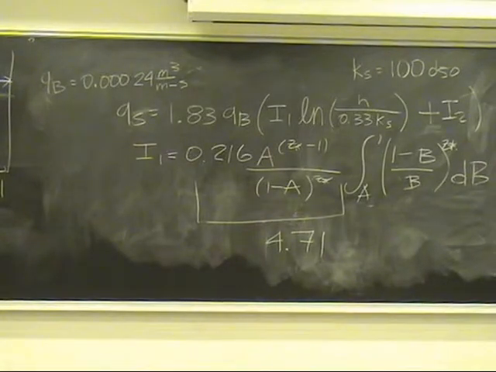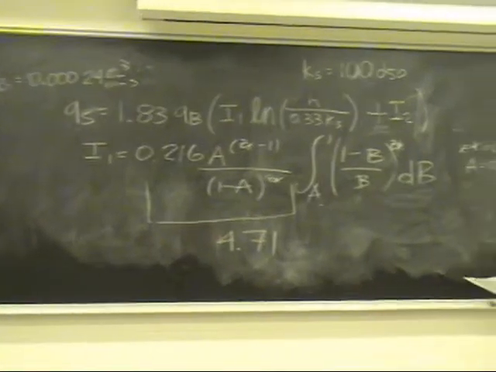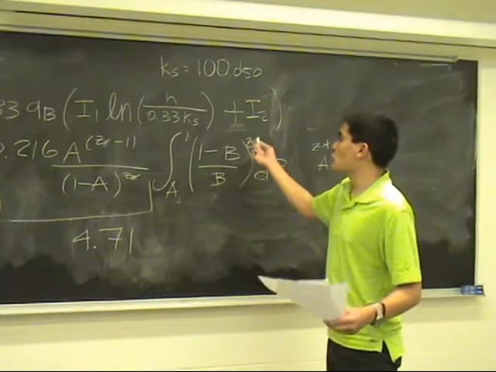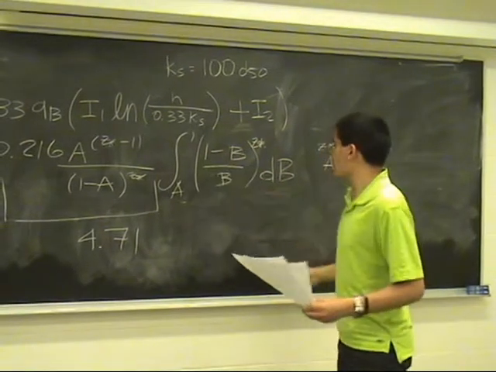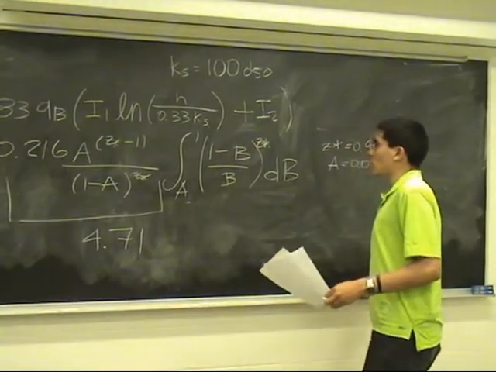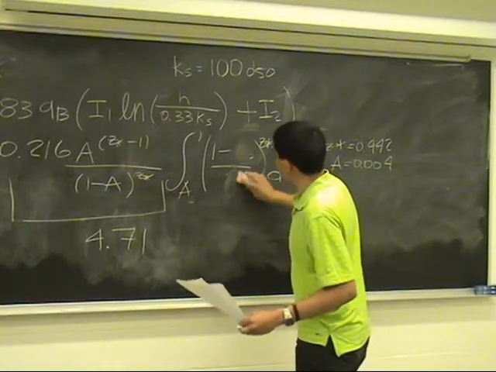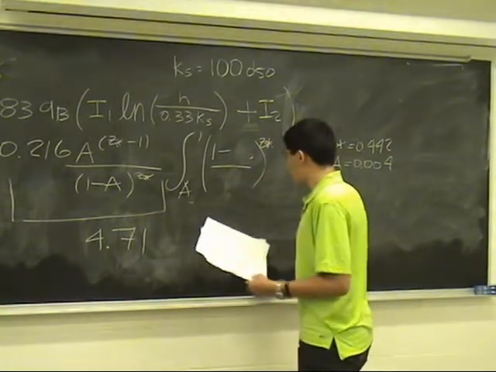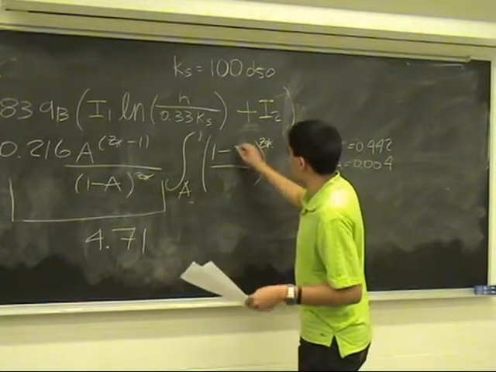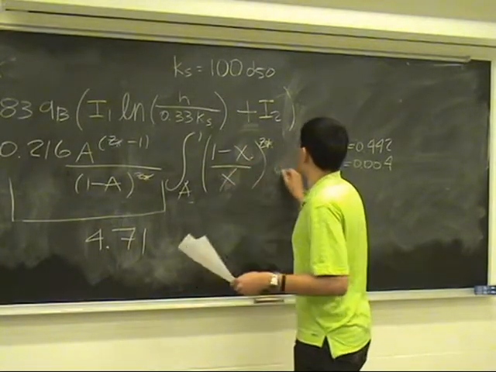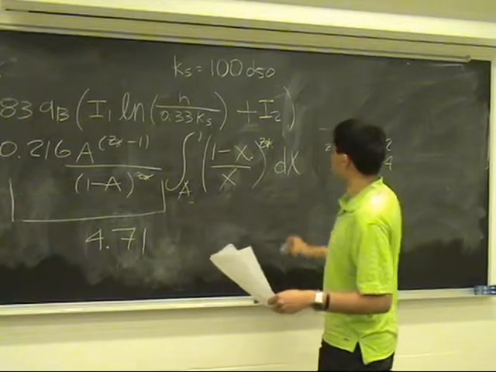Now the integrating part. This can be done in your TI calculator, and you basically plot in your Y formula. Let's replace this dB with an X just for familiarity purposes.